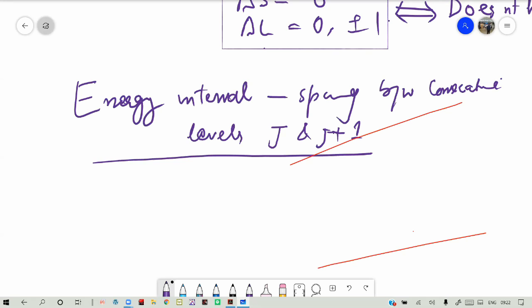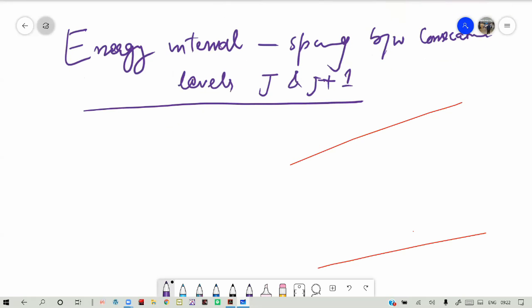There is a simple rule that is called the Lande interval rule.